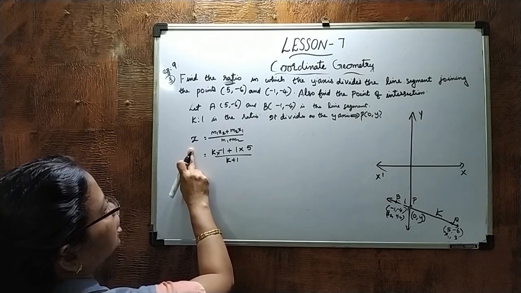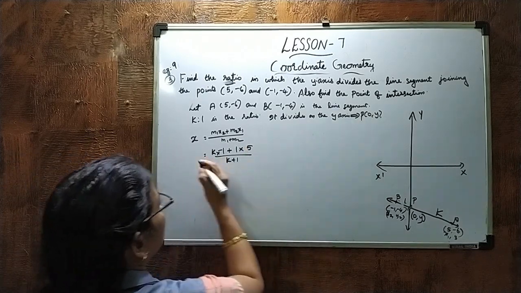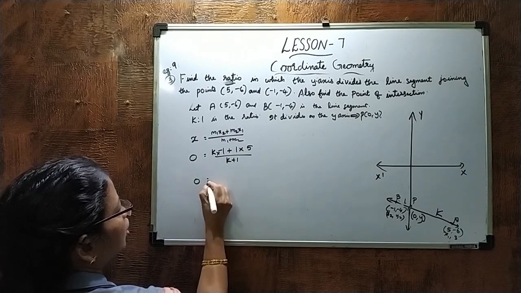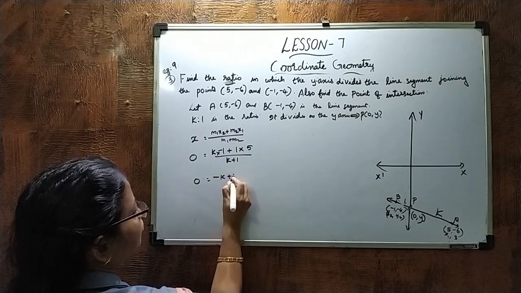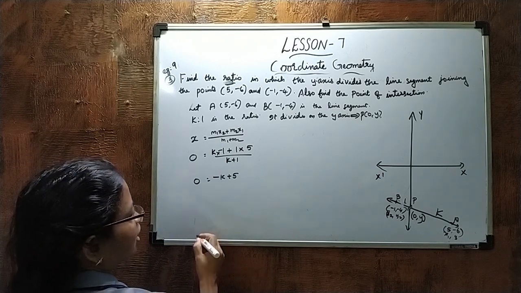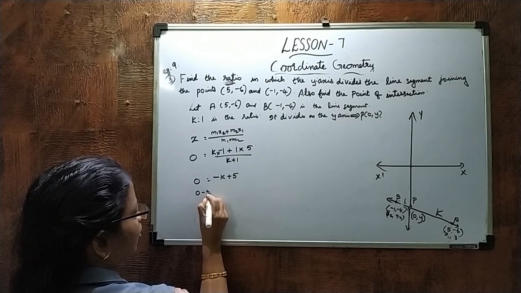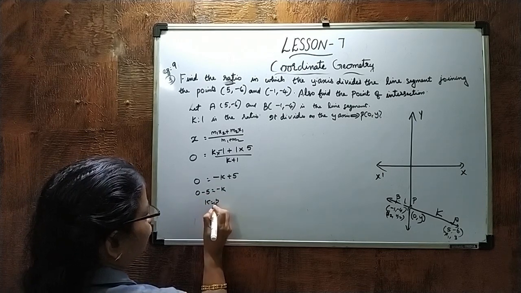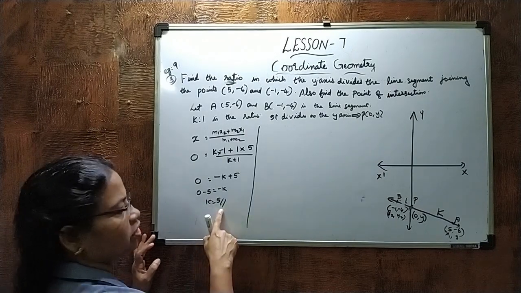And here x coordinate is 0. So 0 equals. Now when you cross multiply, 0 is minus k plus 5. Right? 0 is equal to negative 5 plus k. What is k then? 0 minus 5 is equal to negative k. So k is equal to 5 you will get. So here we got k is equal to 5.